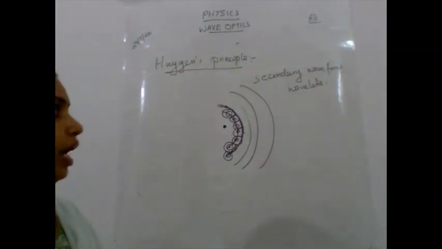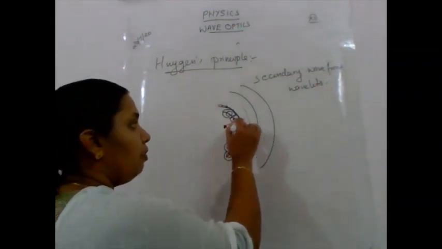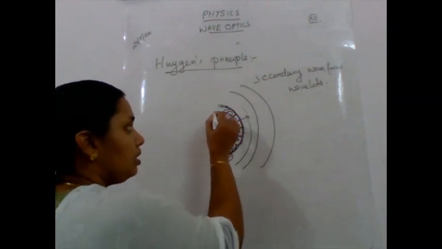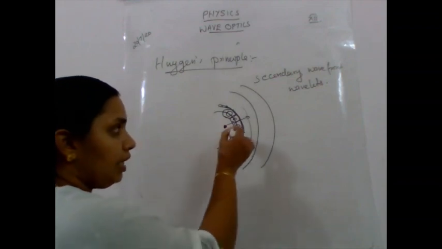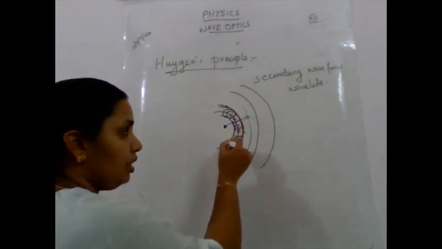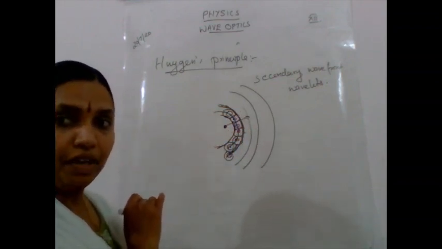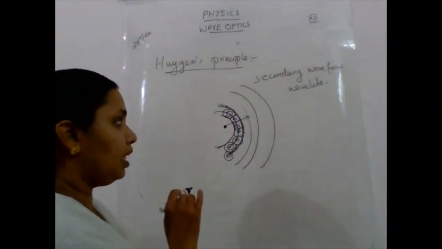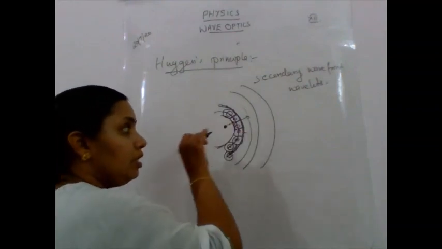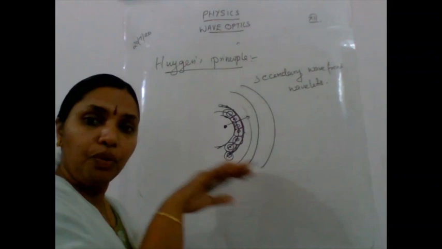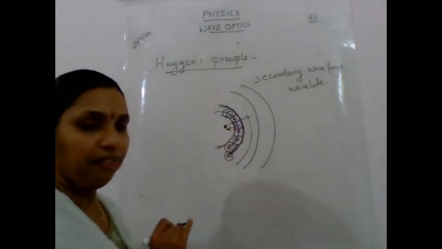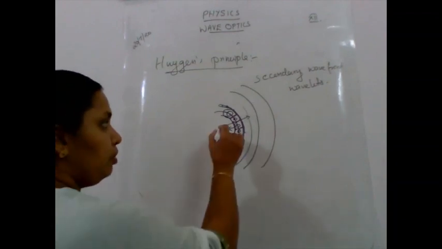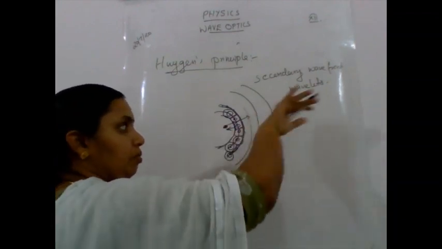Understood? And here we take only the forward envelope. On this side also we can consider, isn't it? We can join this and the tangent will be there, and we can join this also, we will get a next wavefront. But that we won't consider, because the energy flows in the forward direction. There is no backward flow of energy. From the origin, energy moves in the forward direction.